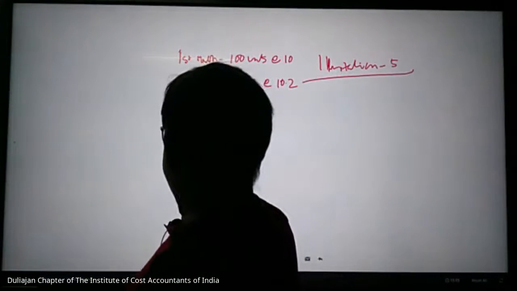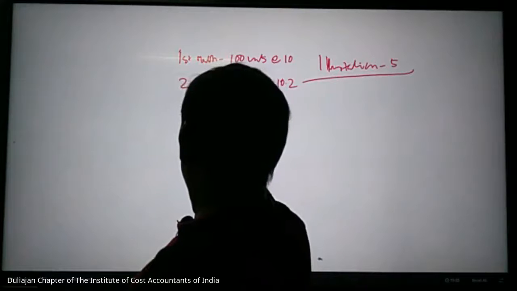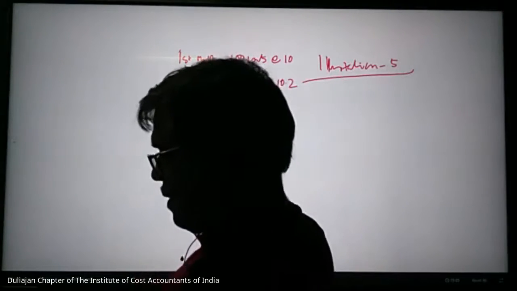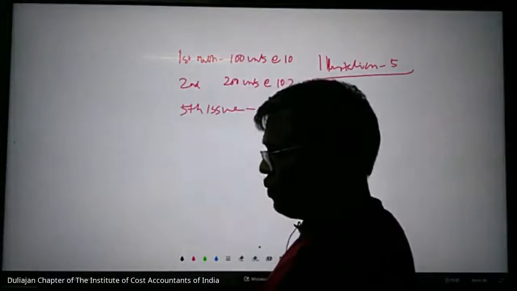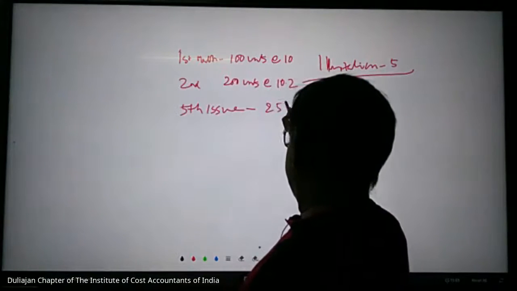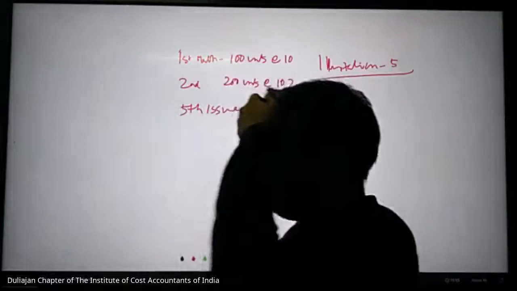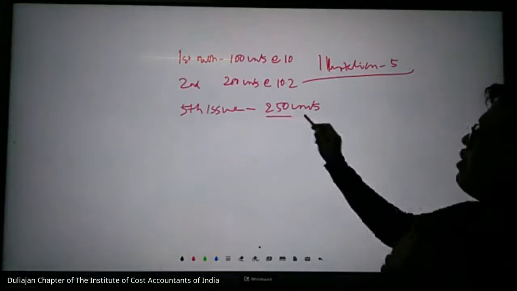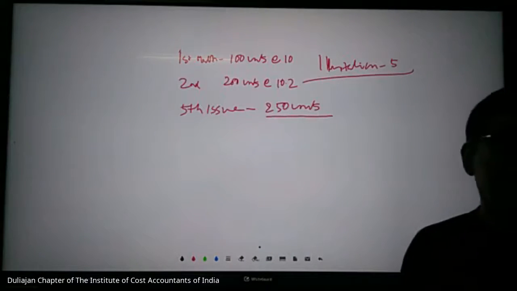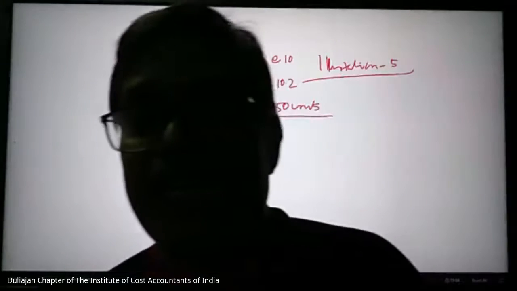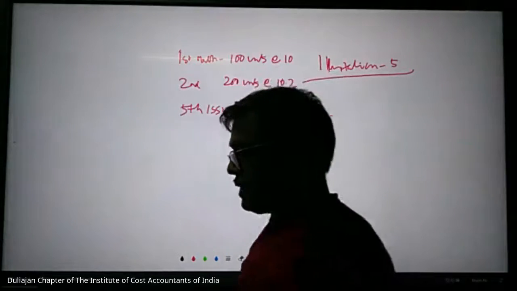Then on 5th, there is an issue of 250 units. Just remember there are some purchases and issues where they have not given you the price. For issues you have to find out what will be the price.